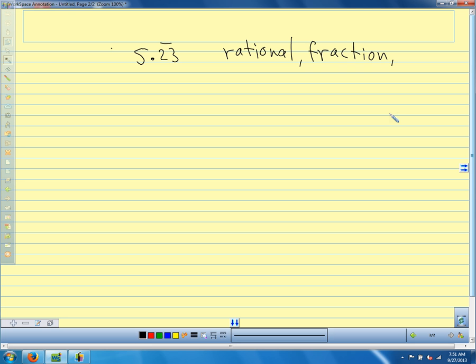Could be. So a fraction of integers. I want to write 5.23 repeating as a ratio of integers. Any idea how we're going to do this?